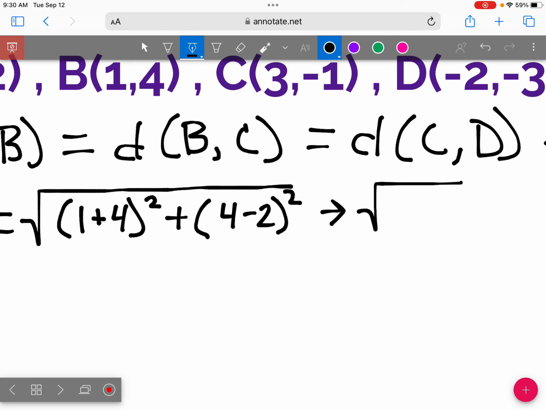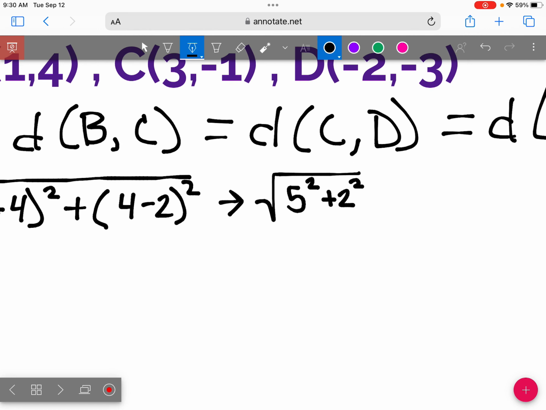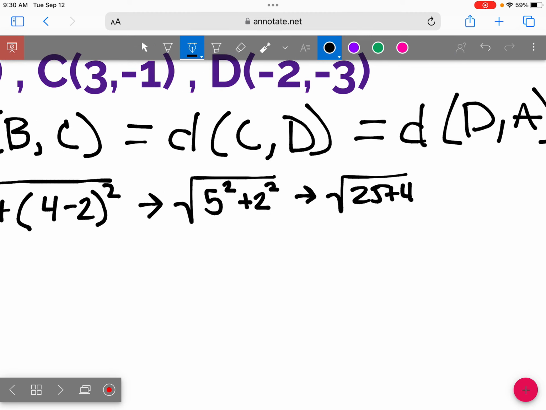So we have the square root of 5 squared plus 2 squared, 25 plus 4. Square root of 29 is the distance of AB.